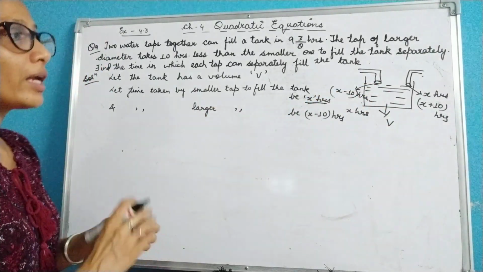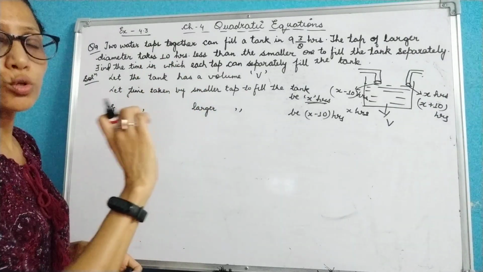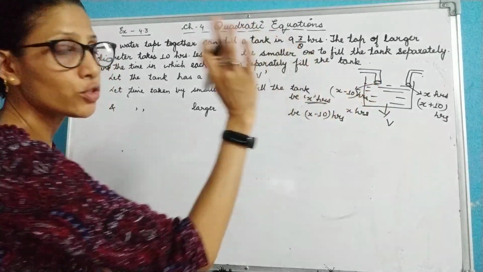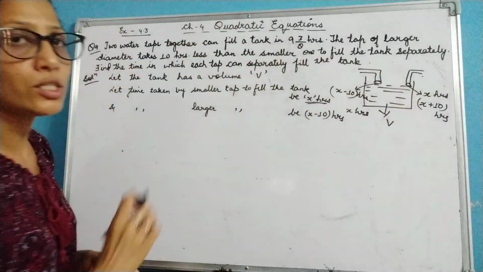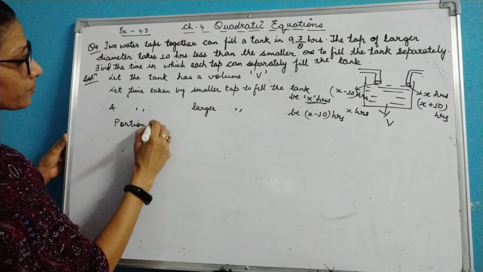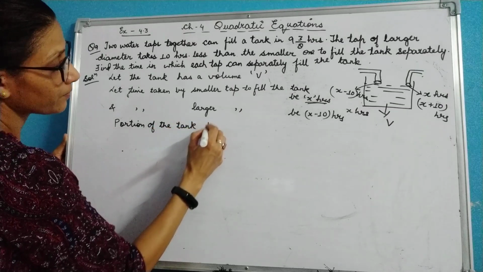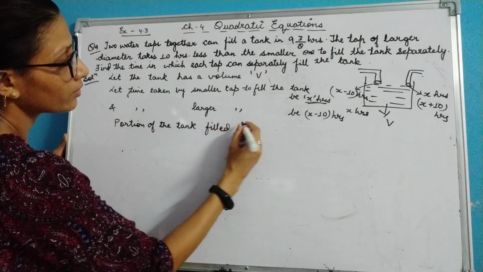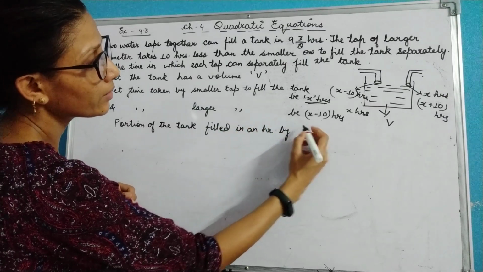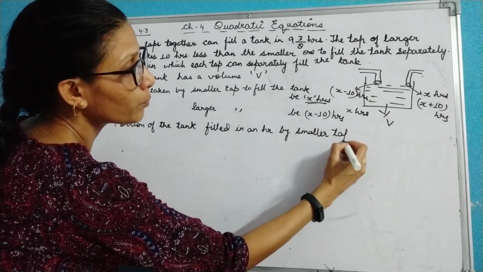That means in an hour, what portion of the tank will be filled separately by the larger tap and separately by the smaller tap. So I'll write down the portion of the tank filled in an hour by the smaller tap. So what portion will it fill?